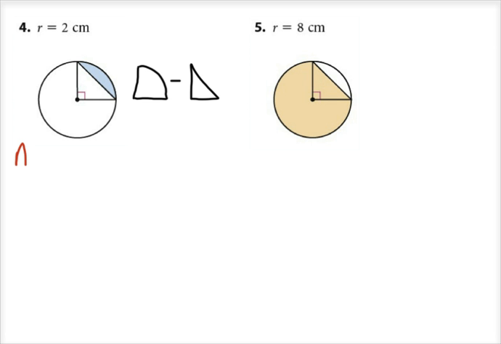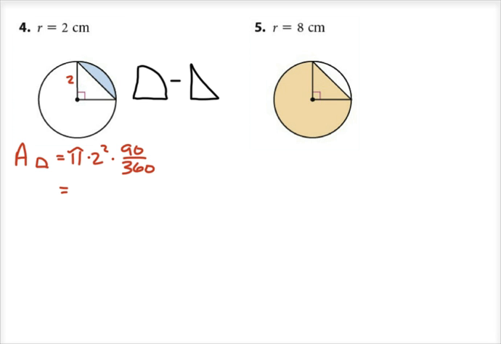So area of, and I'm just going to draw a little symbol of like the sector piece. So that's going to be for a circle. So I know the area of a circle is pi times the radius squared, and my radius is 2, times the portion of the circle that I have, and I see a 90-degree angle in the middle. So I know I have 90 degrees out of 360 degrees.